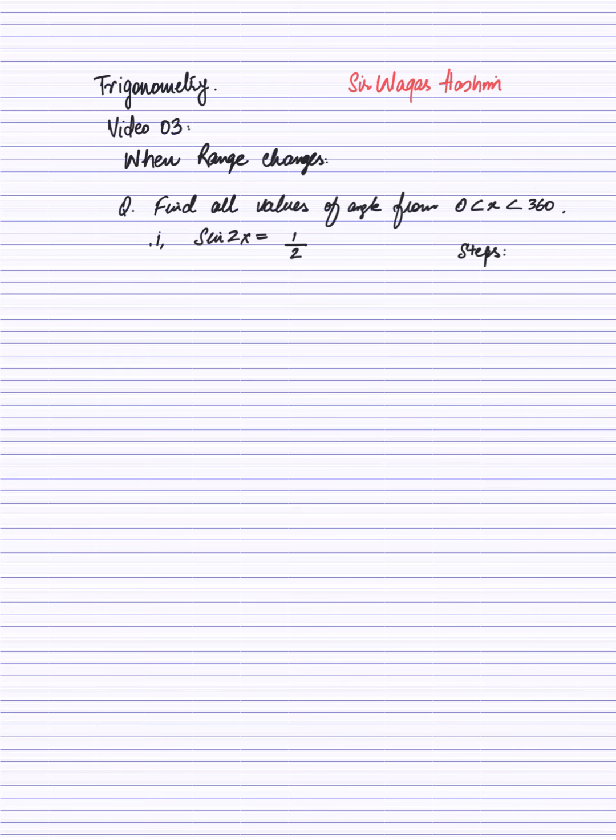Now the first step is you need to highlight your range, and how you are going to do that is very simple. You need to observe the range given here. It says that x is from 0 till 360. Now when it is x, it is 0 and 360, but our value of angle is 2x.